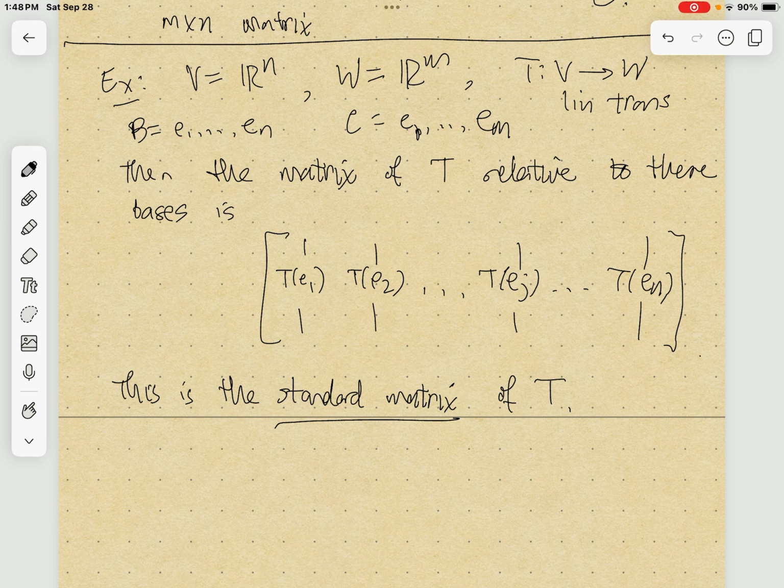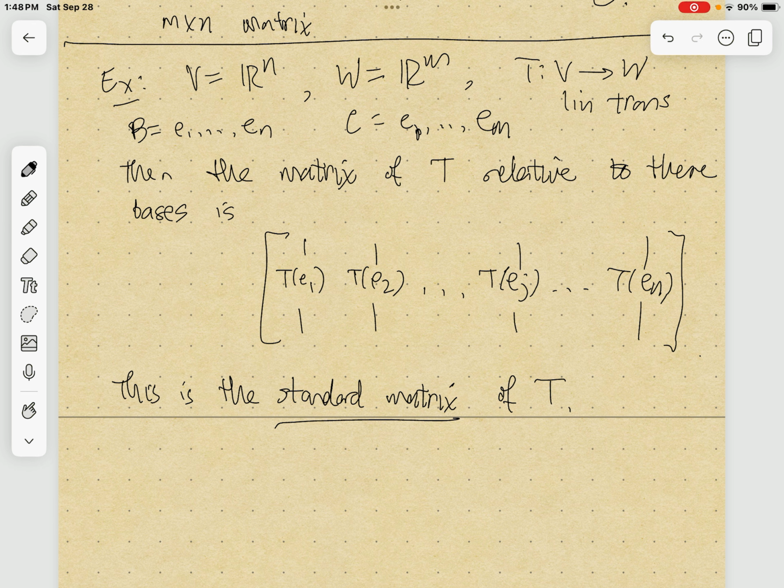So the bottom line is, if you have a linear transformation from a vector space V to a vector space W, and you choose a basis for the domain and a basis for the codomain, then not only can you represent the vectors in V and W with respect to coordinates, with coordinate vectors, but you can also represent the linear transformation T from V to W by a matrix.